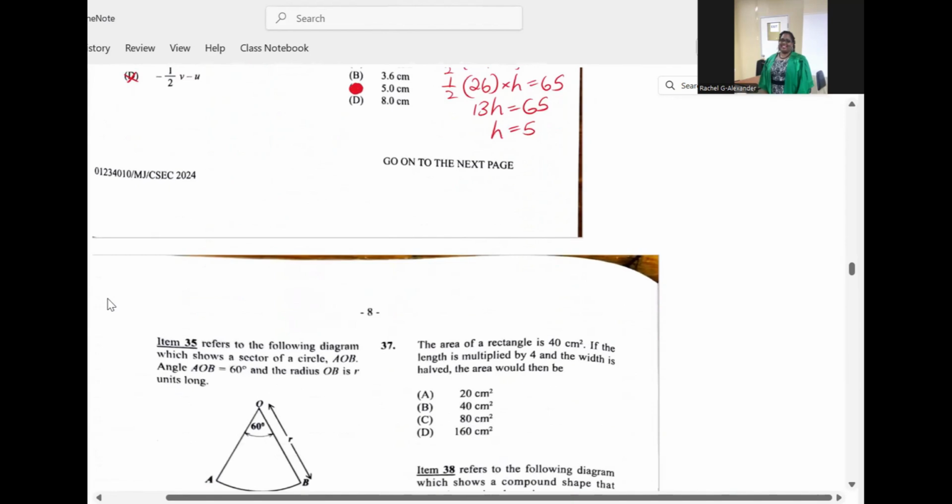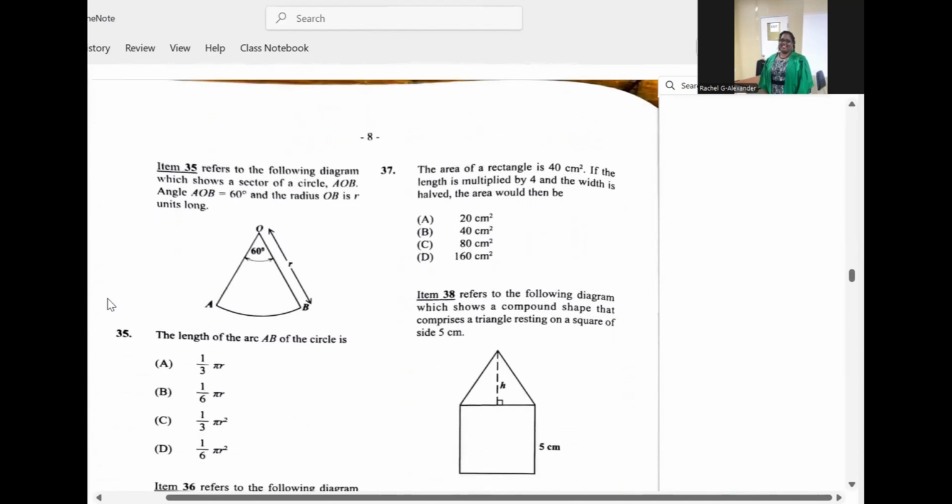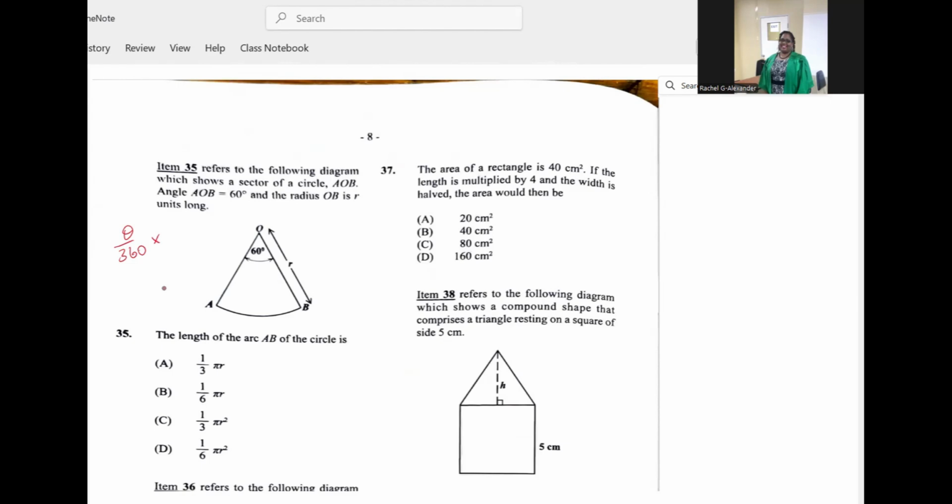Something went on just. All right, 35 refers to the following diagram, which shows a sector of a circle AOB. Angle AOB is 60 degrees and the radius OB is r units long. So the length of the arc is going to be theta over 360 times 2 pi r.